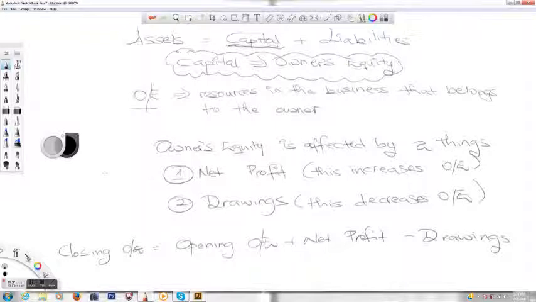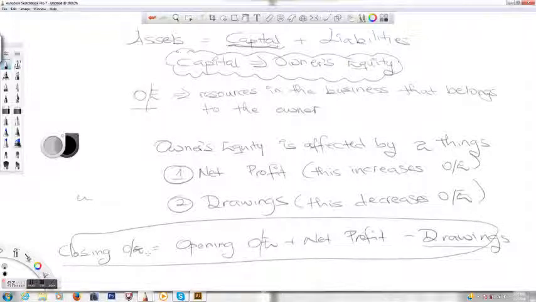If we start out with a value for owner's equity at the beginning of the year, and during the year the company made some profit, that will increase the owner's equity. And during the same year, the owner withdrew either cash or any other resource out of the business for his personal use, which is drawings, that will reduce owner's equity. And hence we have this formula right here.